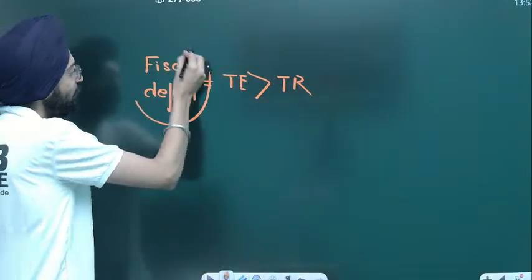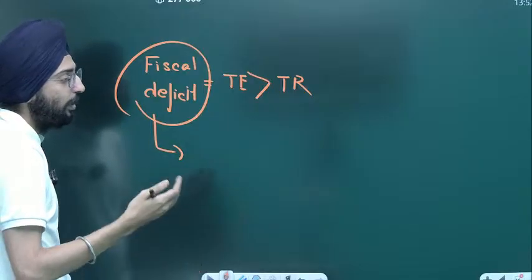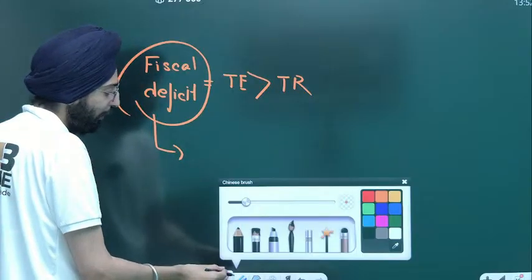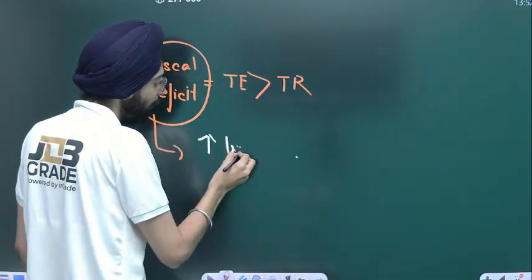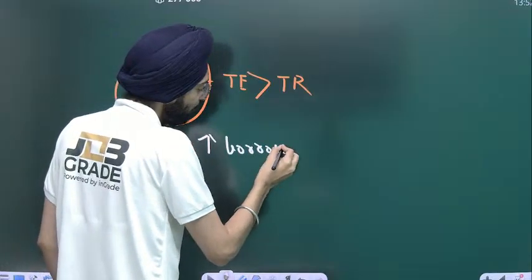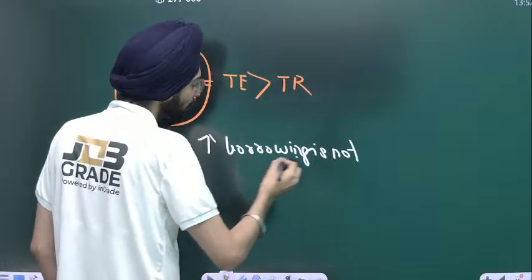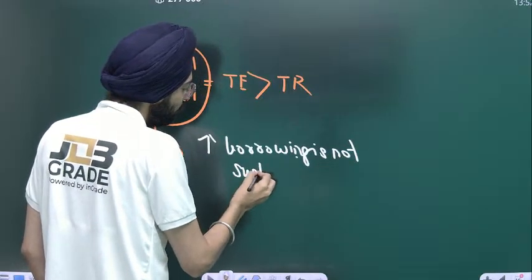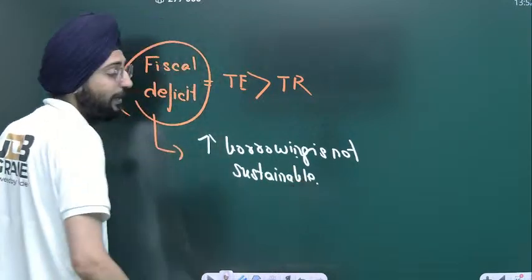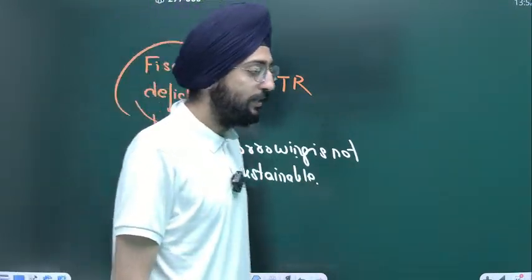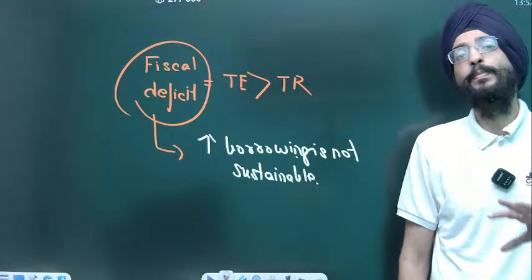A higher fiscal deficit indicates that the government will borrow more, and increased borrowing is not sustainable in the long run. How? Take the example of the US. The US has been facing an extreme debt crisis. I think it's 36 trillion dollars that it has to repay, maturing this July.